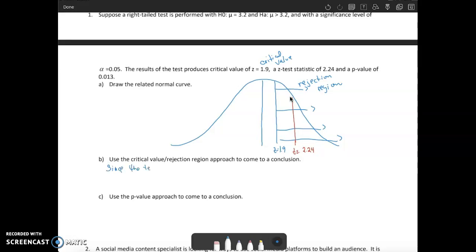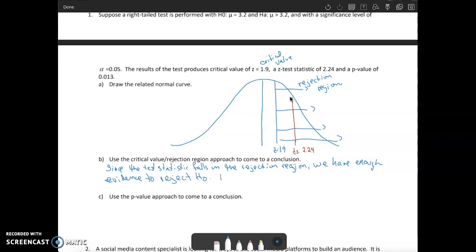Since the test statistic falls in the rejection region, we have enough evidence to reject H sub naught, or the null.